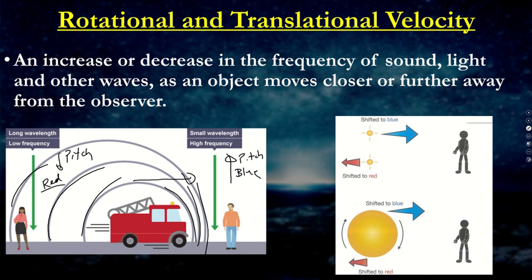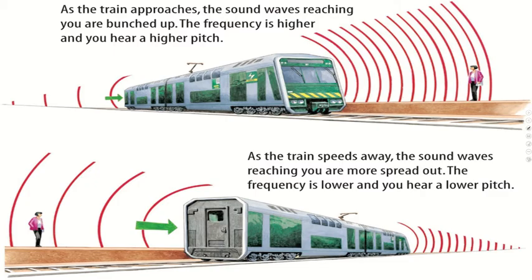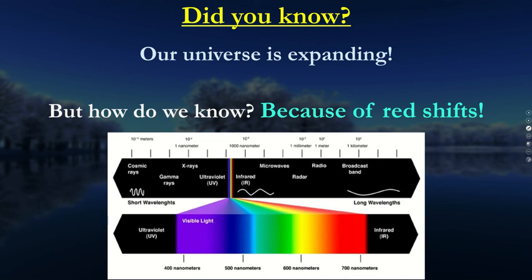So we can use that to look at whether a star is moving towards or away from us, or which direction it's rotating in. One of the incredible discoveries is that the universe is expanding, and the way we know that is because we see things called red shifts.